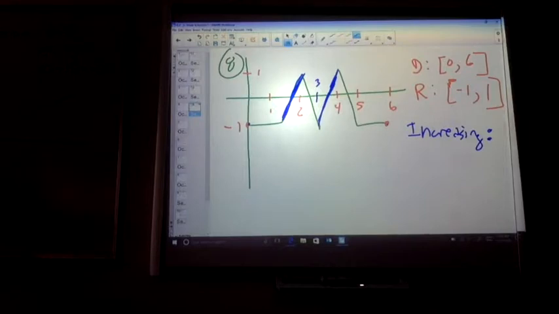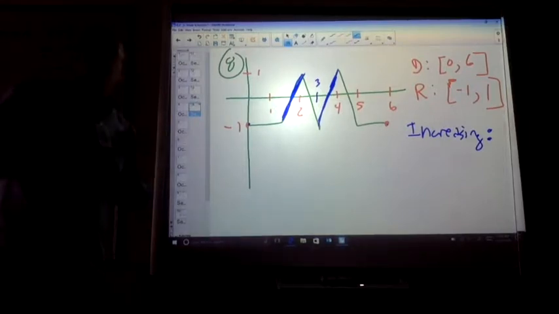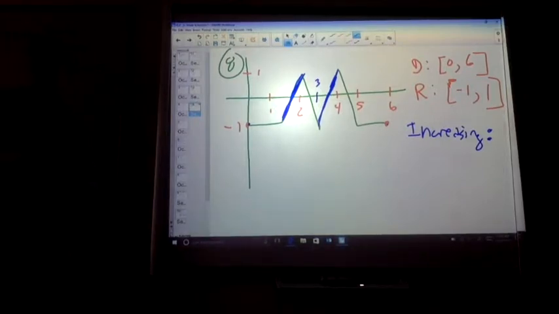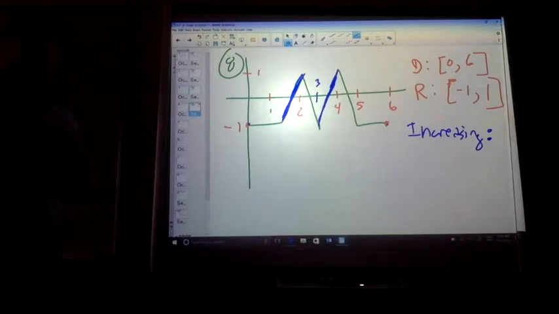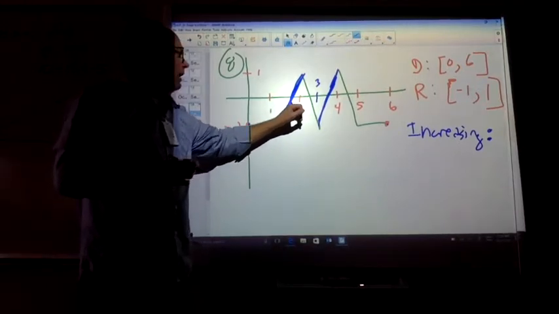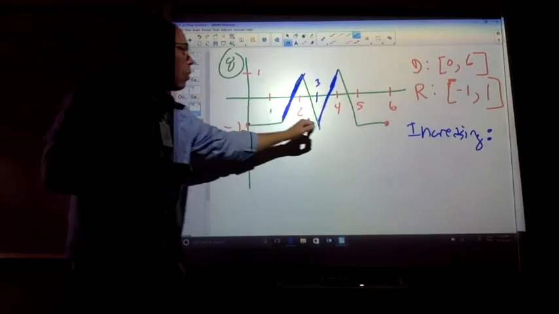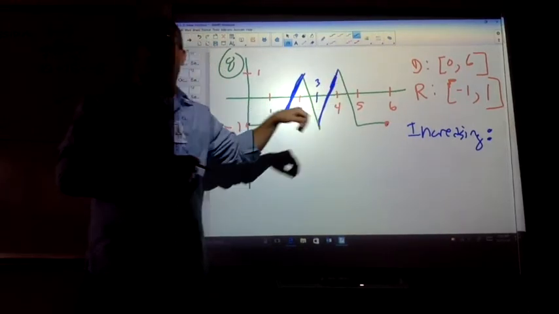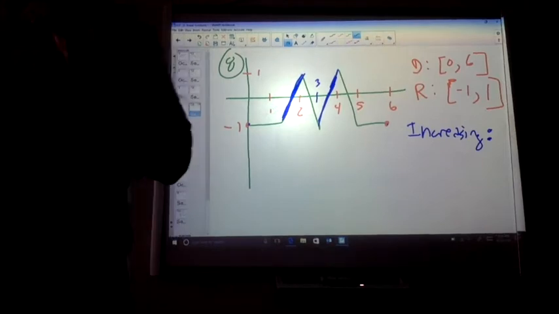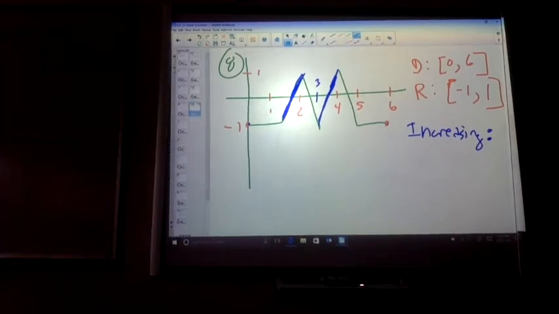The reason that we say that, again, I can't emphasize this enough. This is a big concept that a lot of students in Algebra 1 just don't get. If I were to pick any 2 points along this line here or any 2 points along this line right here and find the slope, it doesn't matter if that's a curved area or not.